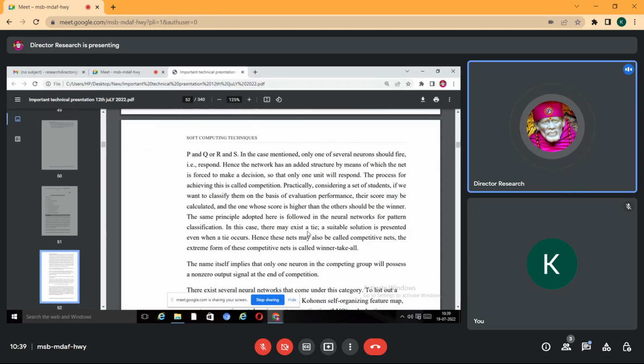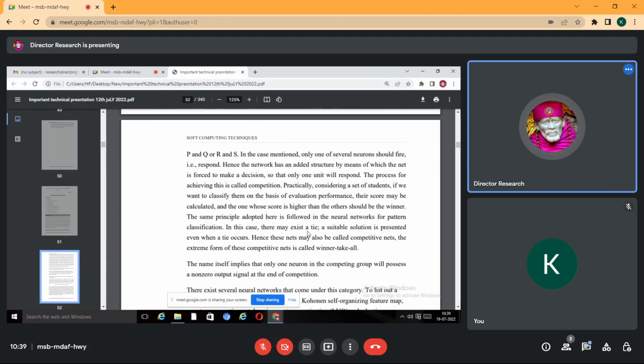Hence, the network has an added structure by means of which the net is forced to make a decision so that only one unit will respond. The process for achieving this is called competition.